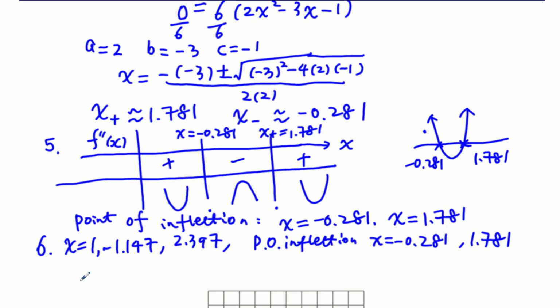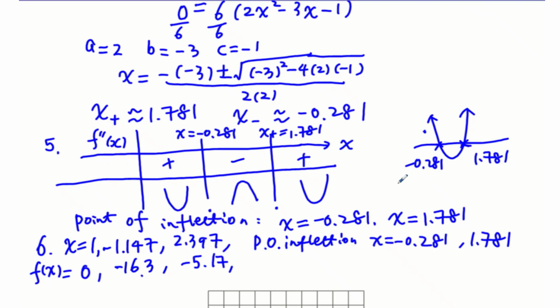So subbing into the original function f of x, what we are going to have is subbing 1 is 0, negative 1.147 gives us negative 16.3, and 2.397 subbing gives us negative 5.17, and when x equals negative 0.281, we have to do the calculation.